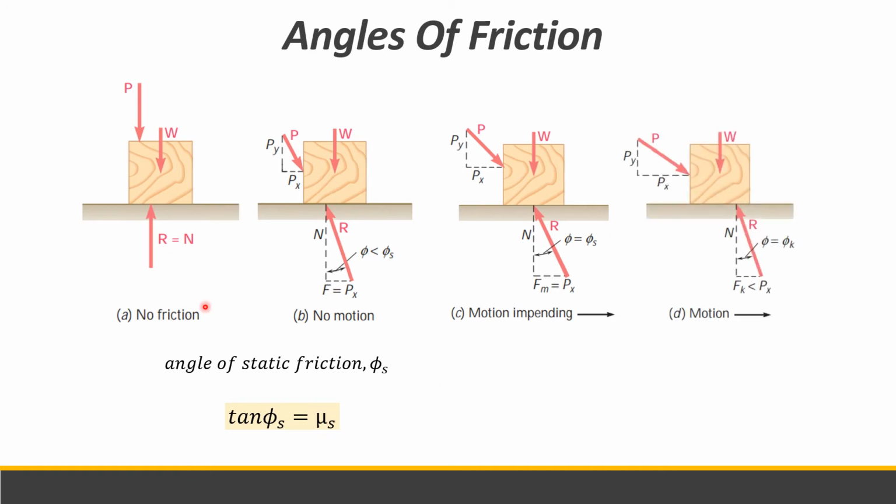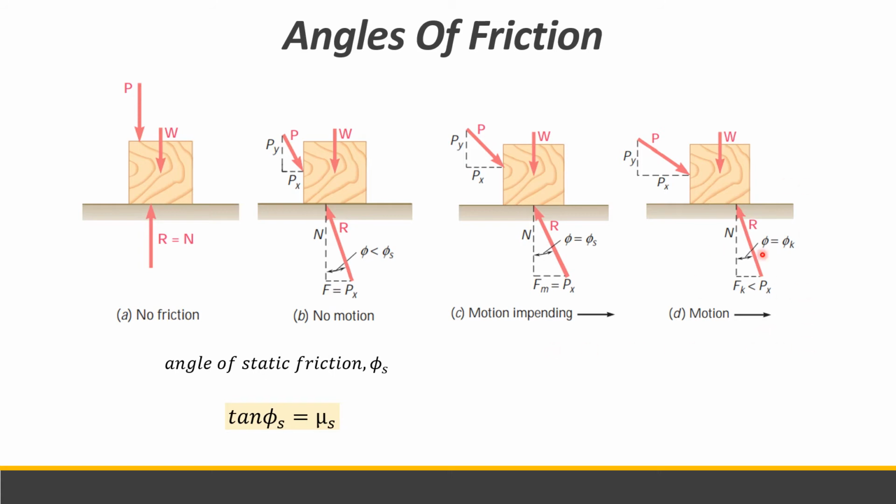Now for the next situation, the motion actually takes place, the magnitude of the friction drops. So when it moves or slides, the angle phi between R and N drops to a lower value, phi k. So this is called the angle of kinetic friction.